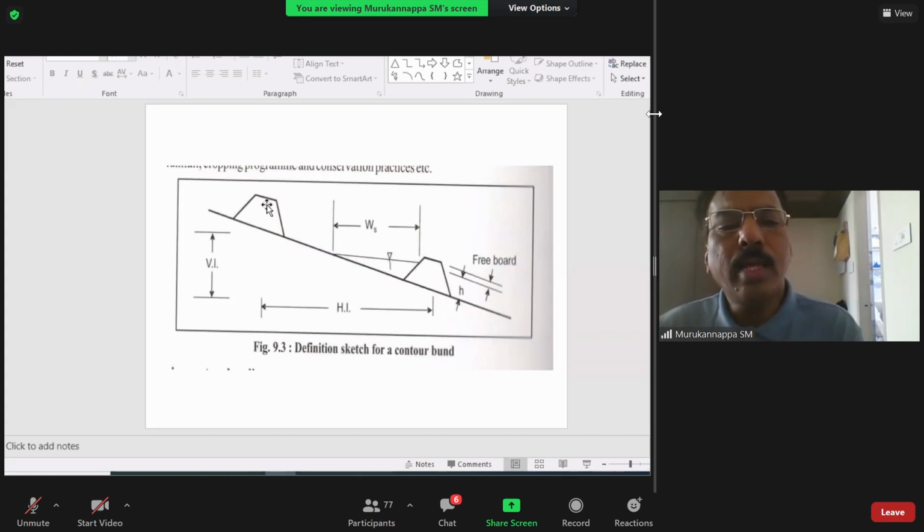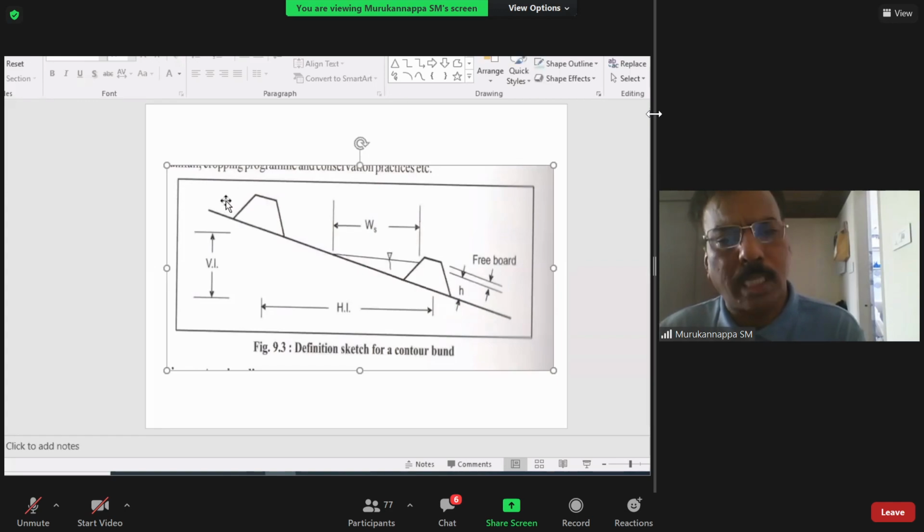If you take the first bund, the upper bund, whatever water is stored on the upstream side of the upper bund will seep just below into the next portion, this seepage zone.